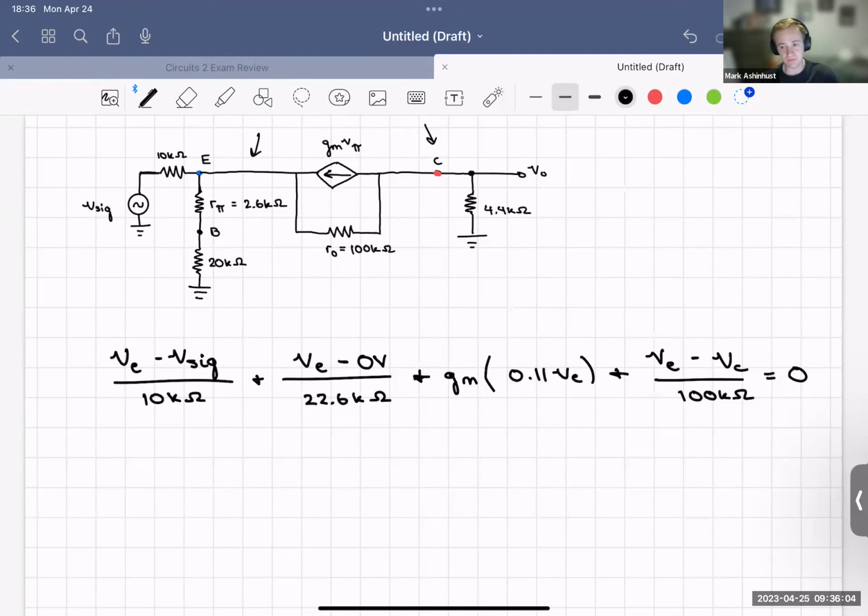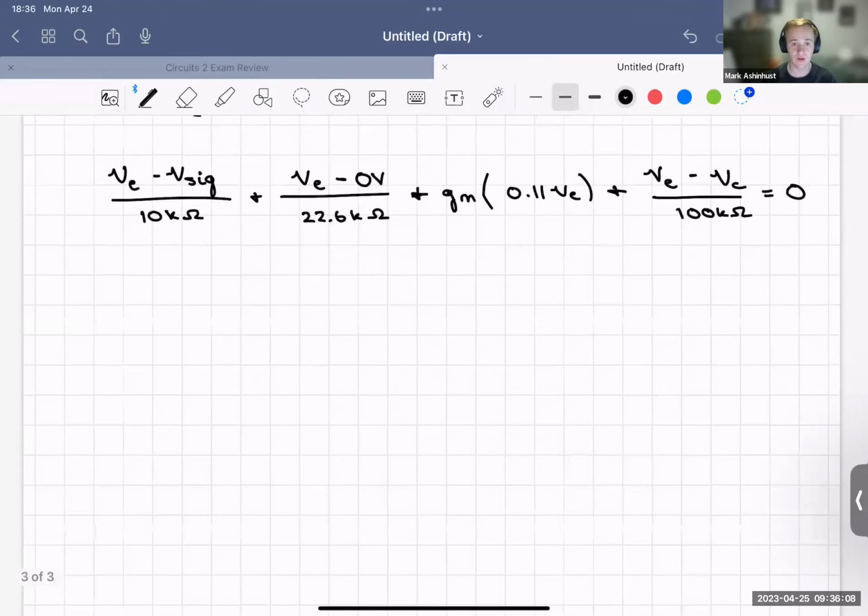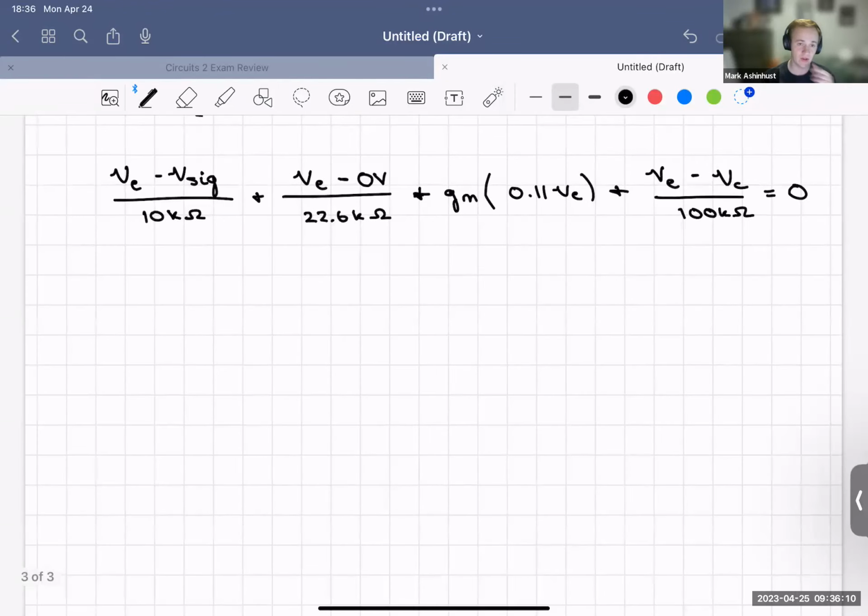And now we'll do the algebra again. I will do this here on the video in a little less steps. It's the same exact way as we did it with the previous one. I have the full steps written out for when I publish my notes, if you have any issues with the algebra. So we'll have VE. Remember, we want to keep VE on one side and V sig on the other.